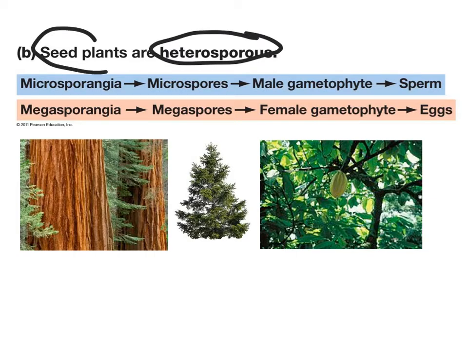That means they make seeds and different size seeds. So microsporangia make microspores, small spores. The male gametophyte produces sperm, in this case pollen.